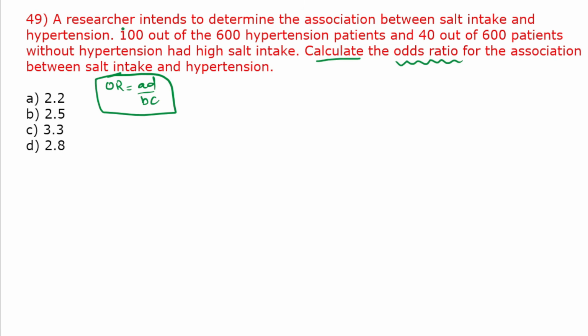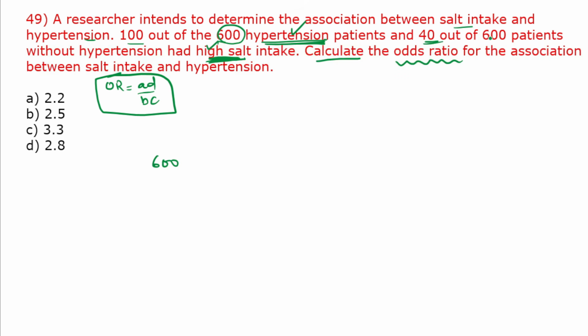From the question, a researcher intends to determine the association between salt intake and hypertension. So 100 out of 600 hypertension patients. How many patients are there with hypertension? You have 600 patients, out of which 100 have high salt intake.